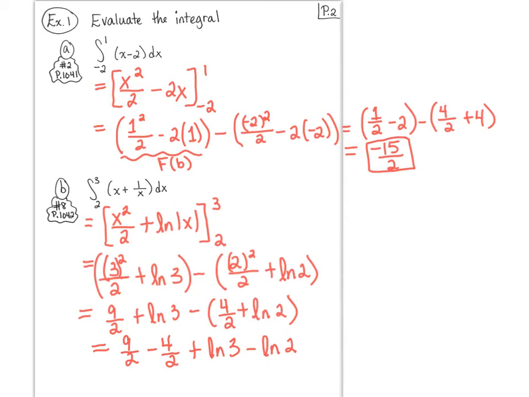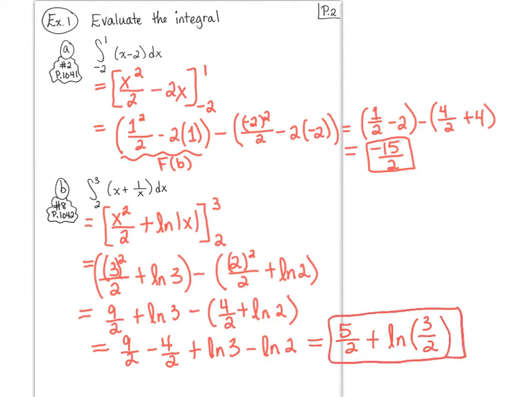We're just doing some rearranging and distributing the negative. So this gives us 5/2 plus the natural log of 3/2. And that's your final answer.